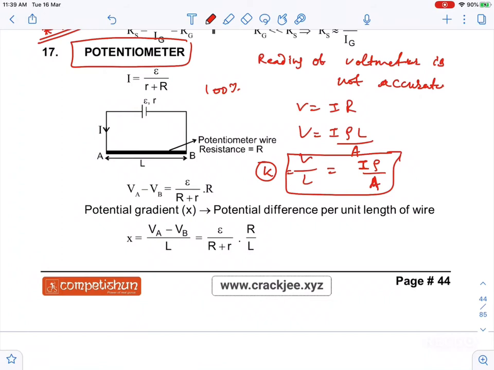So the potentiometer works on the principle that you have to calculate the potential difference per unit length first, and this potential difference per unit length you will take into account to calculate anything. Suppose I calculate this value as 20 volt per meter.